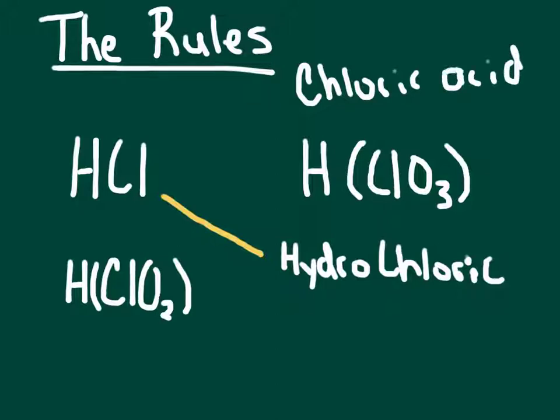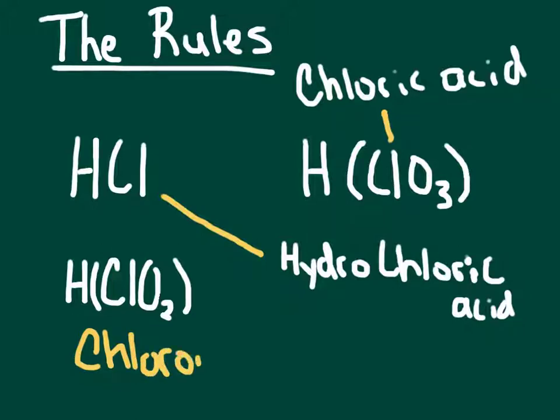Let me go ahead and fill that in. Okay. Same thing down here. There is an oxygen present right here, but it's not chlorate, it's chlorite. So if it ends in ite, like in this one right here, it's chlorous acid. Ous tells us that it's less oxygen, kind of like in the old rules for your cations.